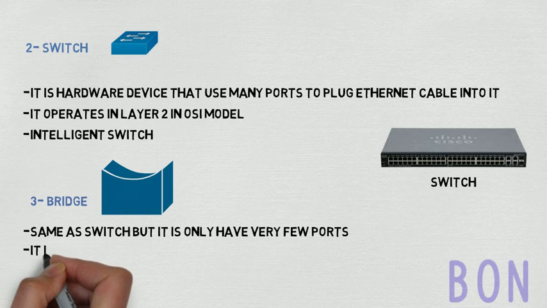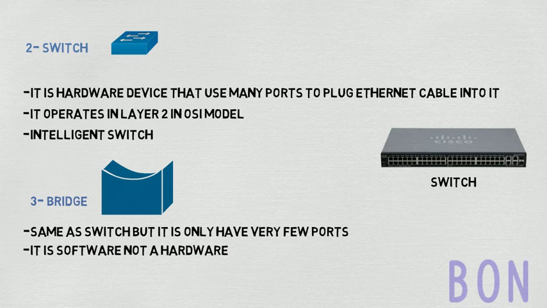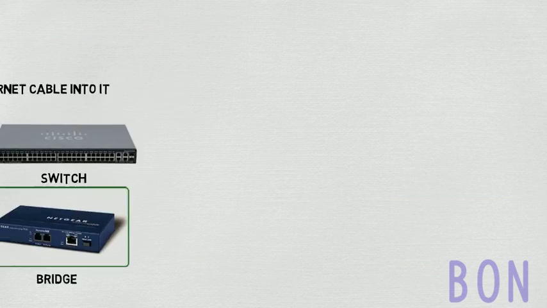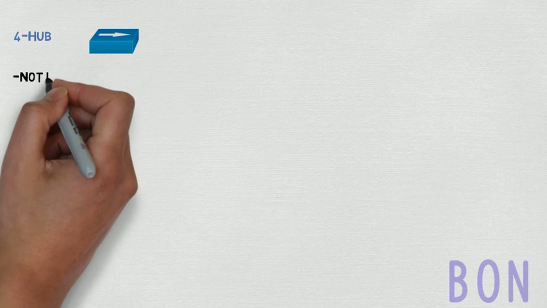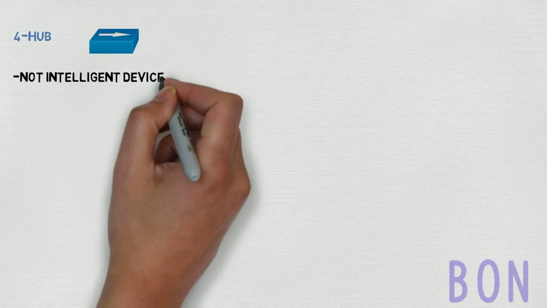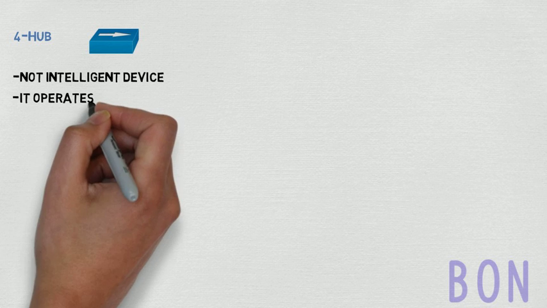The third one is a bridge. It's the same as a switch, but it only has a few ports, and that's the difference between a switch and a bridge. It's software, not hardware. And the last one we'll talk about is the hub. A hub is not an intelligent device because it doesn't know which device is going out and in.